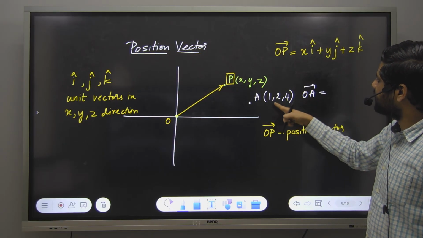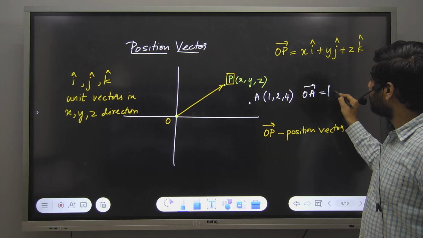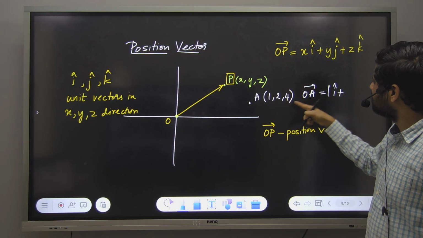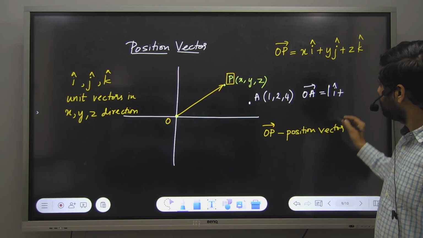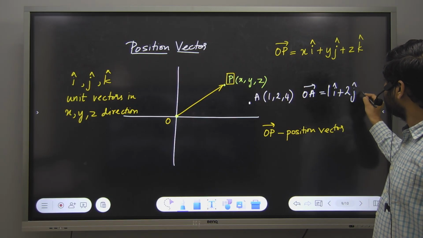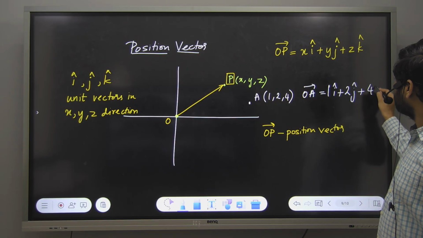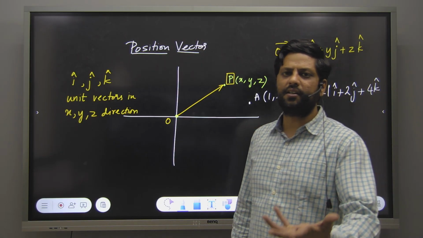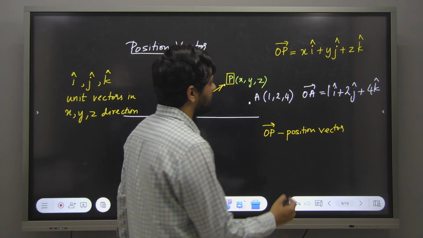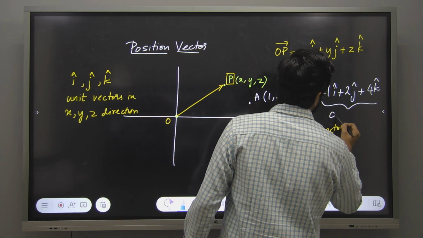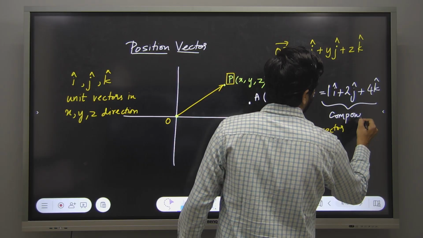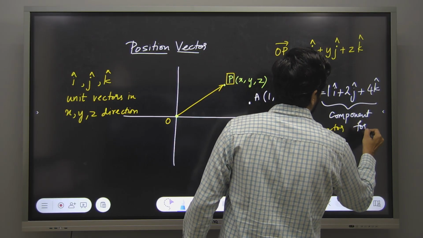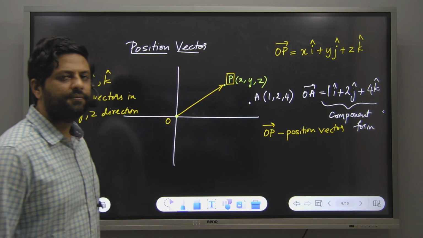The X component is 1, so 1 into i cap, plus the j component 2, so 2 j cap, plus 4 k cap. This is writing the vector in the component form. We call it the component form of representing the vector.